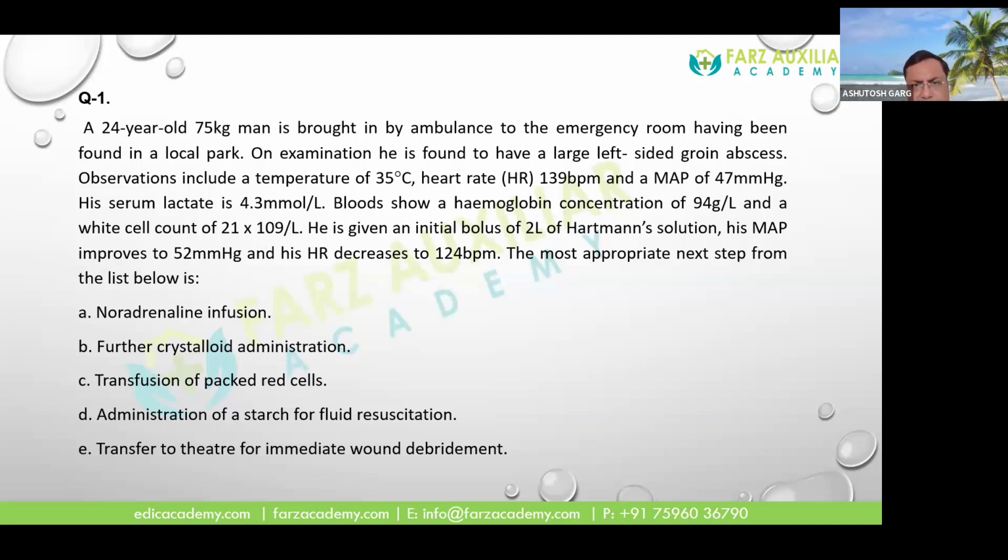So in the exam, if they say the patient has been given some fluid, but blood pressure is still 52, and they say nothing about fluid responsiveness, and if in the same question they tell you that the patient is now not fluid responsive, then only we should start the noradrenaline infusion. So the answer is B. Further crystalloid administration should be continued.